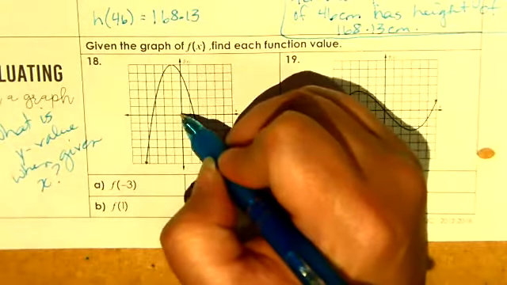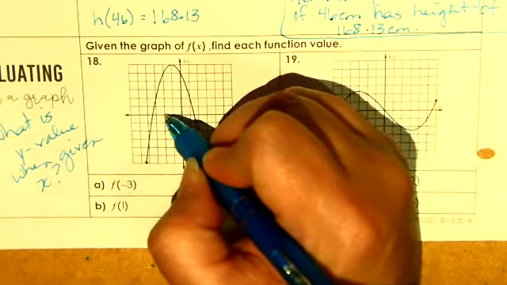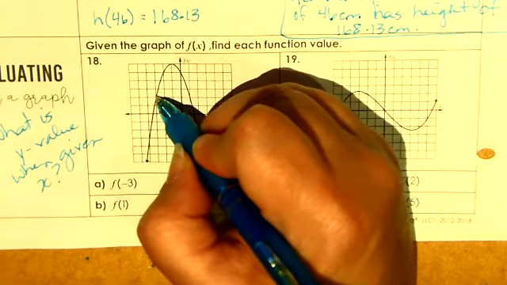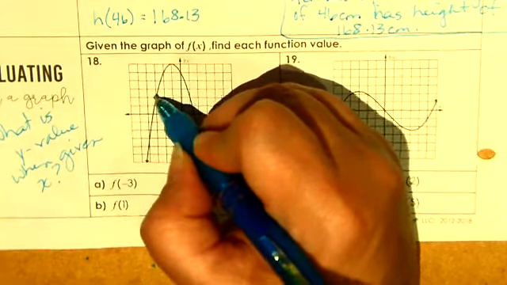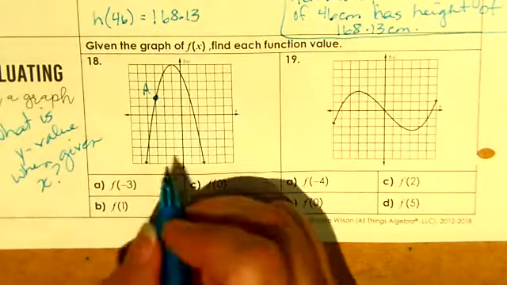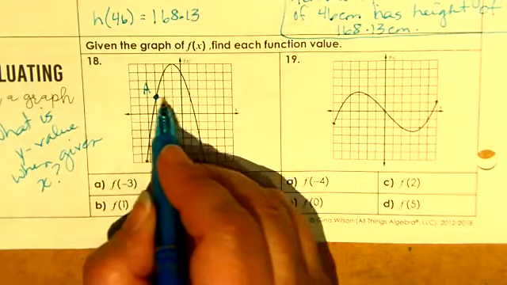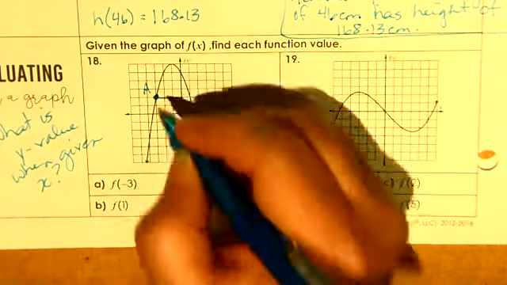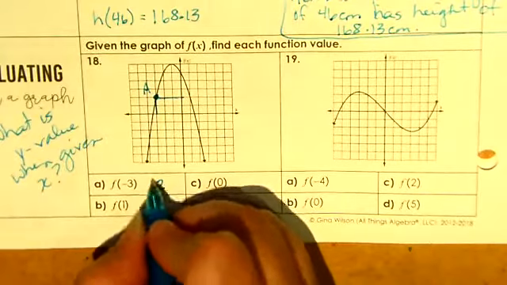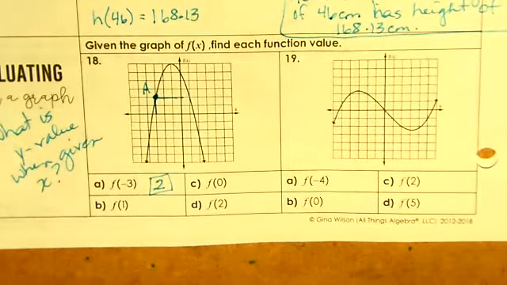So I'm going to go to -3, 1, 2, 3, and I'm going to see where it hits on my graph. It hits right there. There's A. So therefore, my answer is 2.